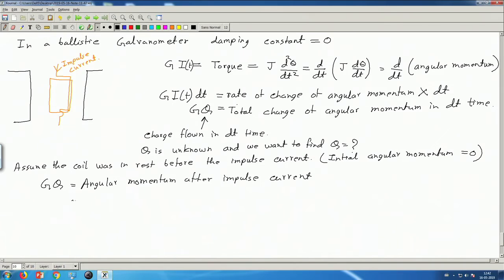and then this should be equal to J times omega, where omega is the angular velocity immediately after the impulse current.